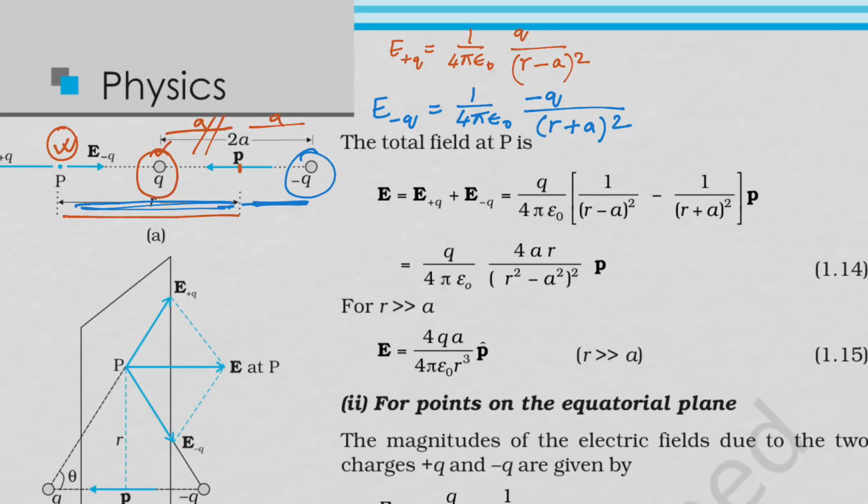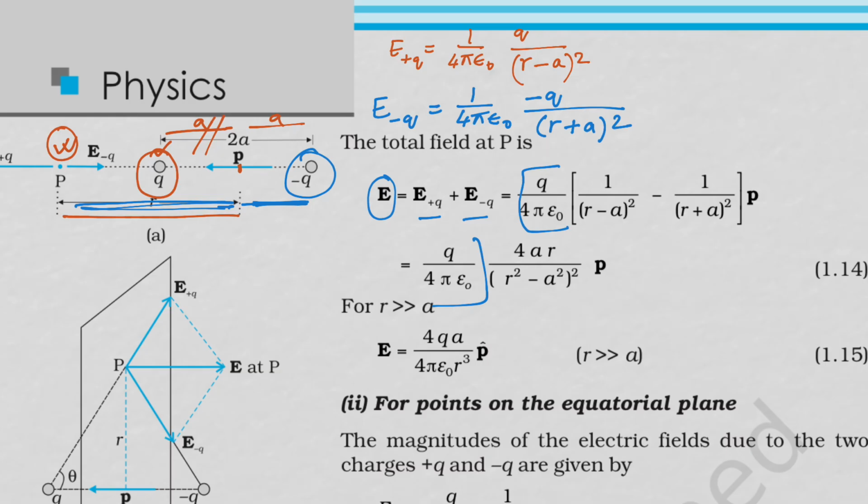And as you can see, the total electric field is adding these two electric fields due to separate charges. When we add it up, Q upon 4 pi epsilon naught is common, which is taken out, and inside it is 1 upon R minus A square minus 1 upon R plus A square.